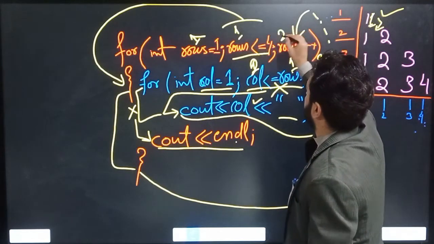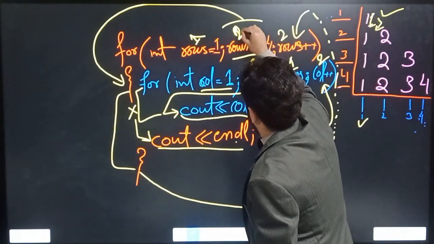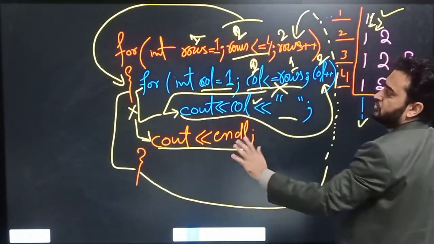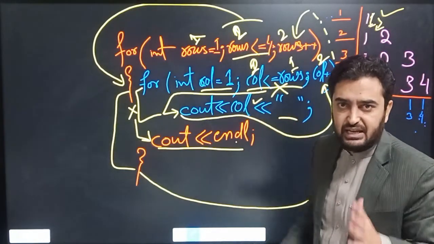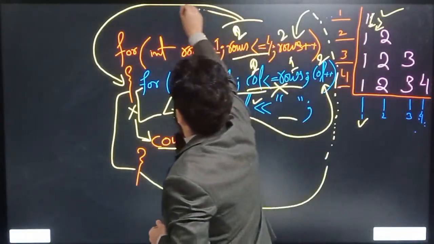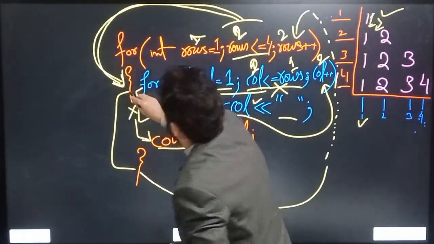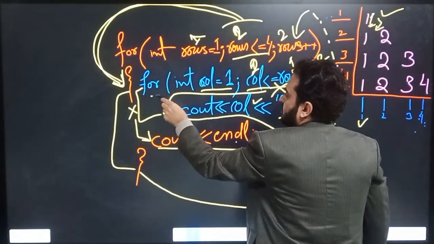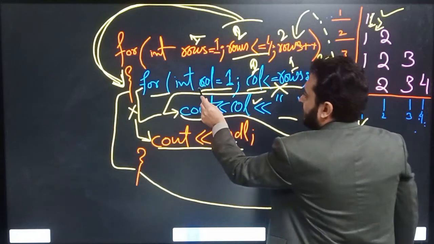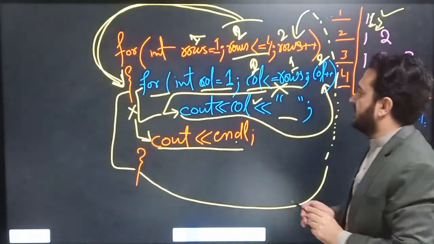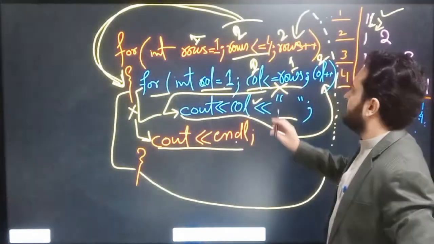Now 2 will be checked against the condition: is 2 less than or equal to 4? Yes. So execution will come to the body of the outer loop, and execution of the inner loop will start. Here the column is again initialized with 1.